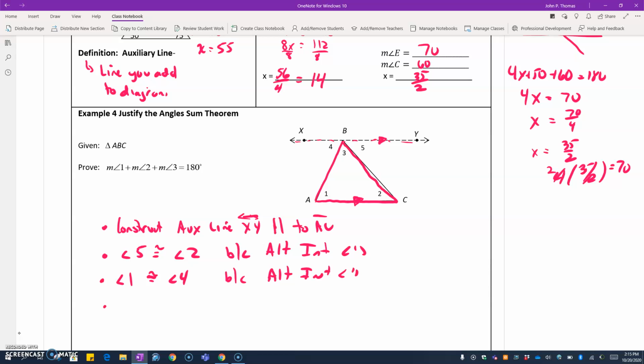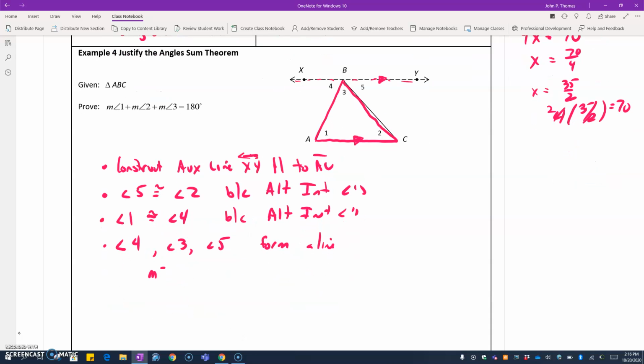Now, clearly, angle 4, angle 3, and angle 5, when put together, form a straight line, or a straight angle, which would be 180 degrees. So we're going to say that measure of angle 3 plus measure of angle 4 plus measure of angle 5 equals 180, because again, they form a straight line.